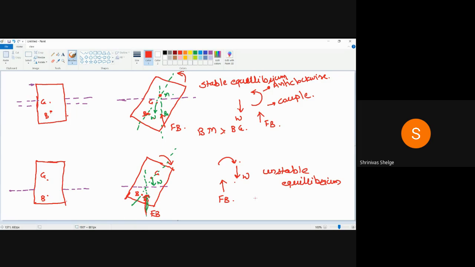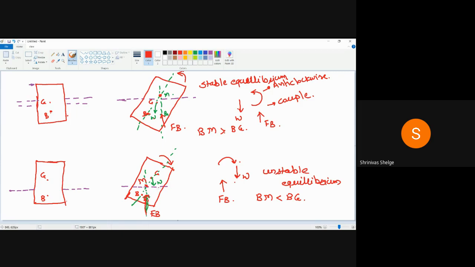Correct? And in this case, obviously this point is M. In this case, BM is less than BG. In the earlier case, BM is greater than BG, and in this case, BM is less than BG. Because these two forces form a couple such that the body tends to rotate in the clockwise direction. So that means it becomes more and more unstable.